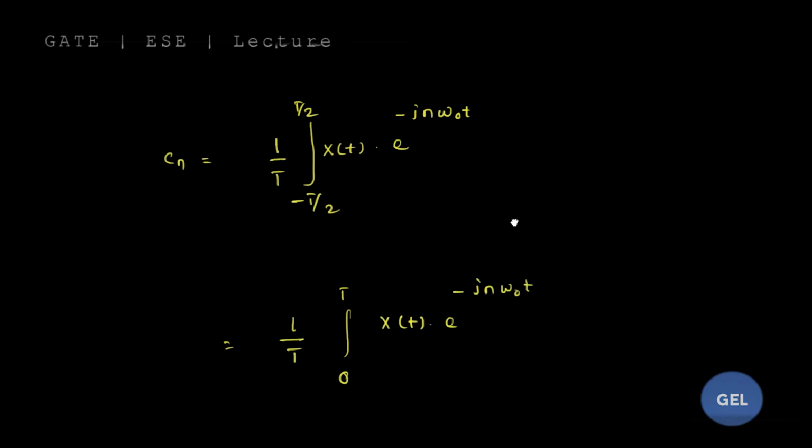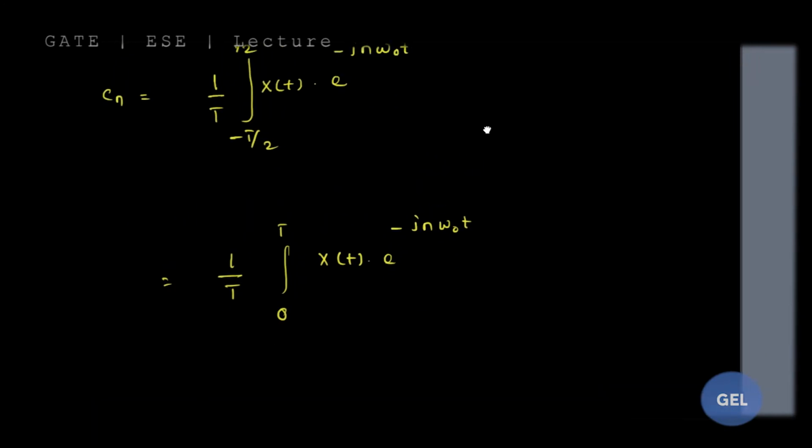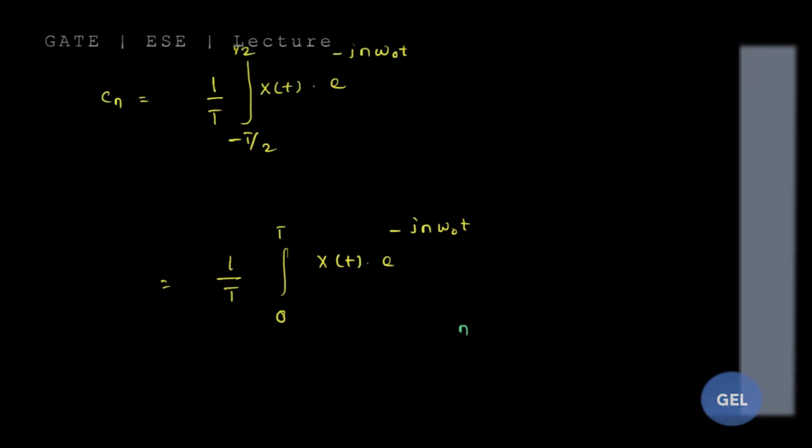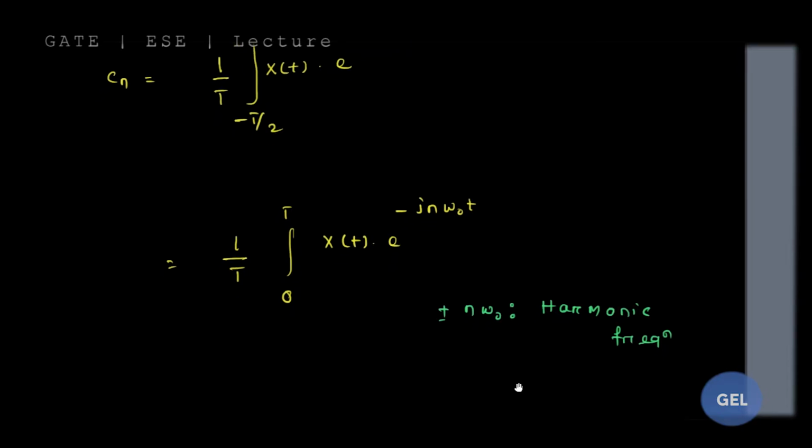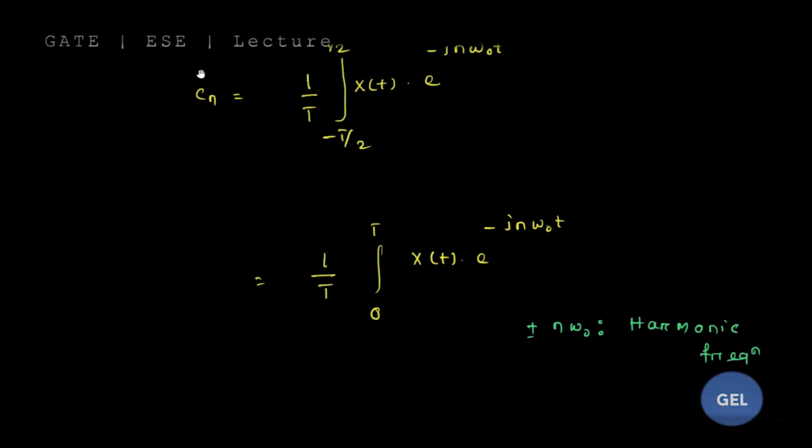Here n omega naught is the harmonic frequency, which could be plus or minus harmonic frequency, where omega naught is 2 pi f naught. So f naught is the fundamental frequency in cycles per second or hertz. Cn is the Fourier coefficient of the exponential form.